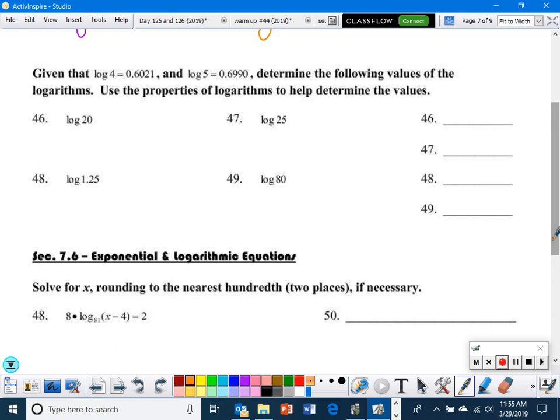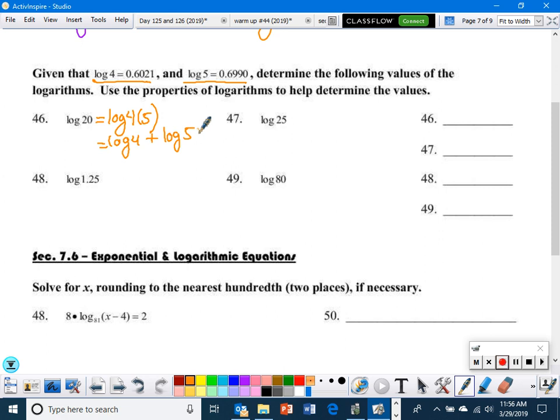Now, if we follow what it says up above, given that the log of 4 equals this, the log of 5 equals this, using the properties of logarithms, determine the values. So what we're going to end up doing is going like log of 4 times 5, because 4 times 5 is 20. We need to use the 4 and the 5. And then I'm going to rewrite that as log 4 plus log 5.